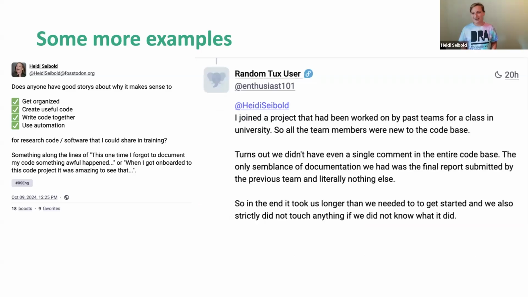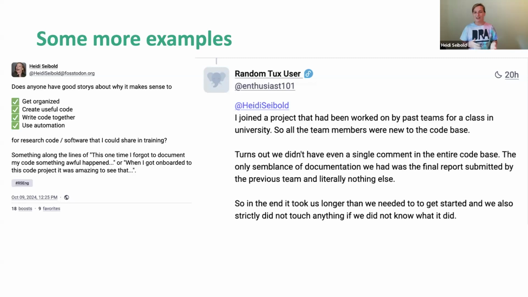Another response that I got that's something that I hear over and over again from people is that when you join a new project, you sometimes get to take over or have to take over code that's really not documented at all. So the person describes that there wasn't even a single comment in the entire code base.